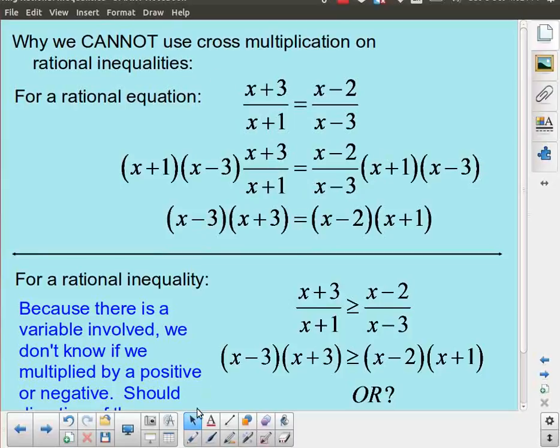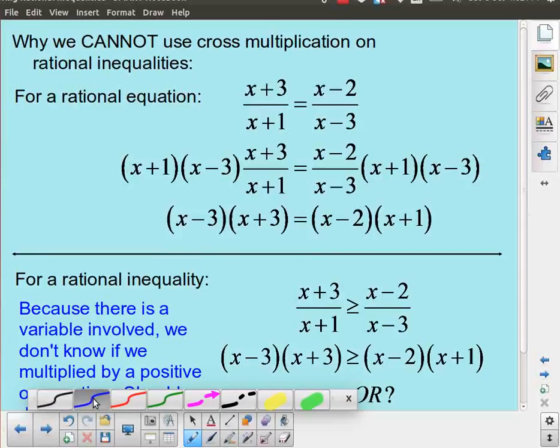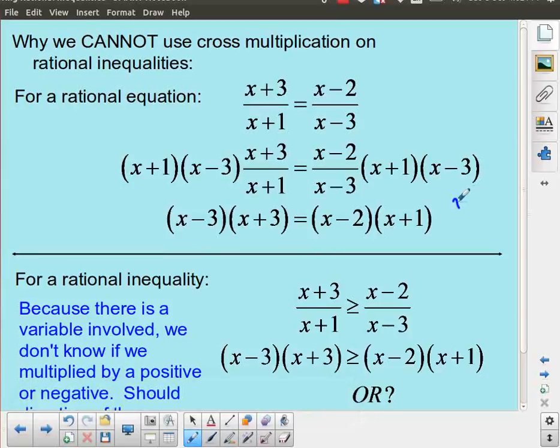You can see I have a denominator of x plus 1 and a denominator of x minus 3. So when I do my cross multiplication, I have to remember that x cannot be negative 1, and x cannot be 3. But other than that, I can do this cross multiplication and we're fine.